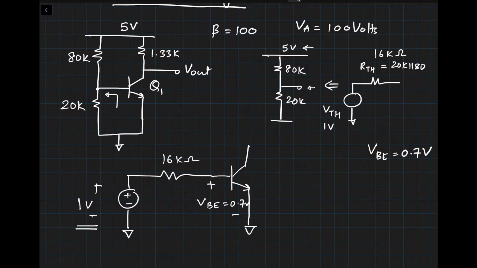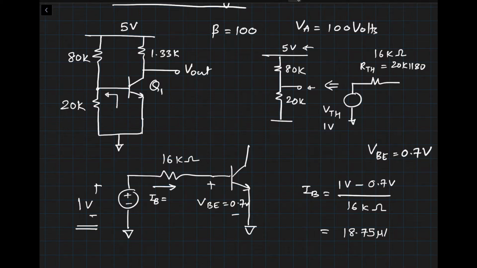As soon as we know that, we can tell the current which is flowing through this resistor, which is going to be our IB. IB is equal to 1 volt minus 0.7 volts divided by 16K ohms, which is equal to 18.75 microamps.